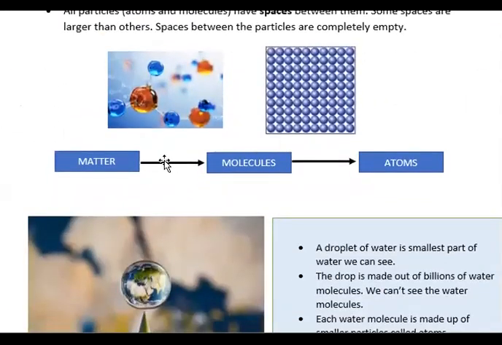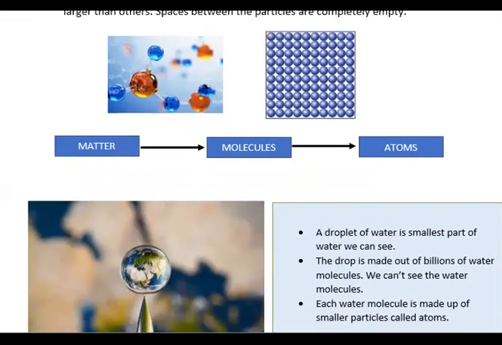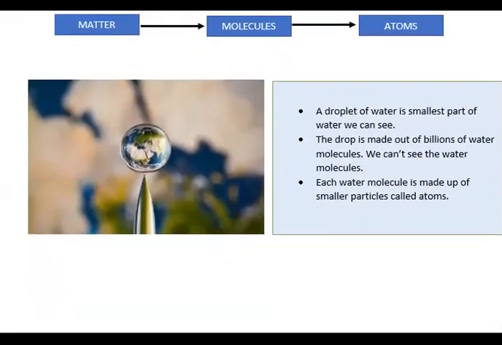Okay, a brief recap of matter. Matter is made out of particles called molecules, and if we break molecules down, we get atoms. So atoms make molecules, and molecules make up matter. Let's look at a droplet of water.